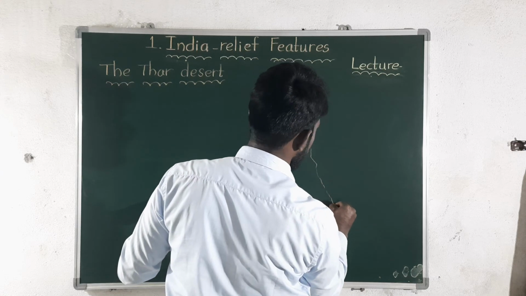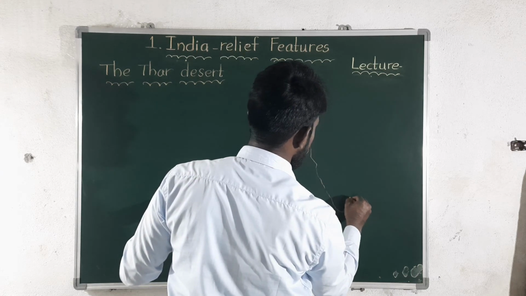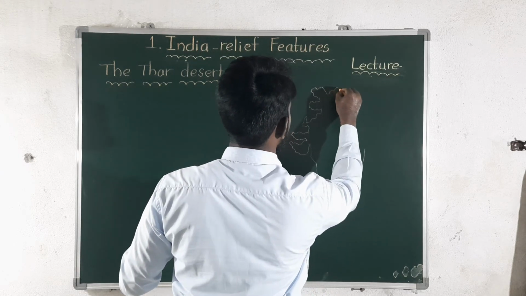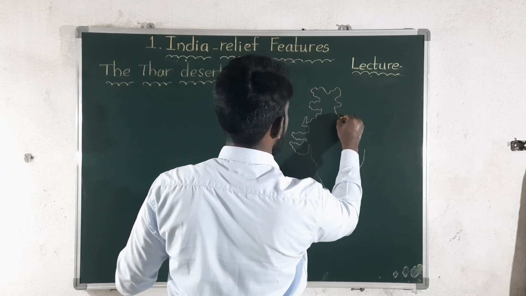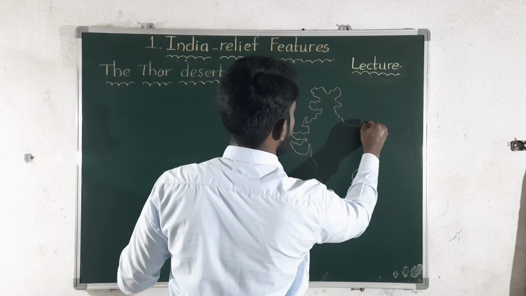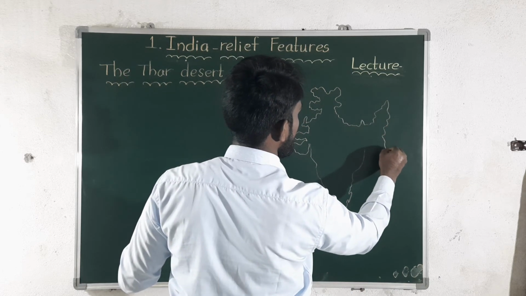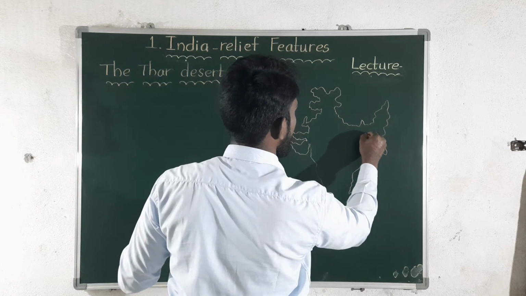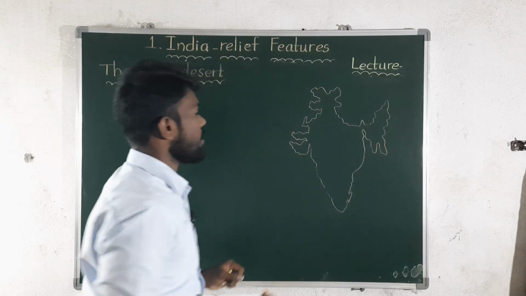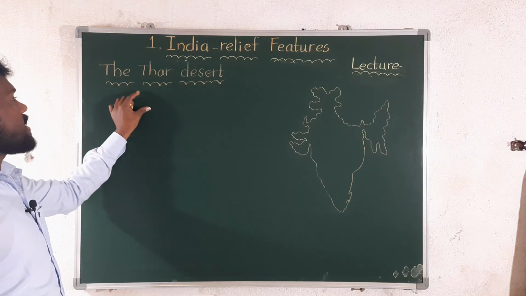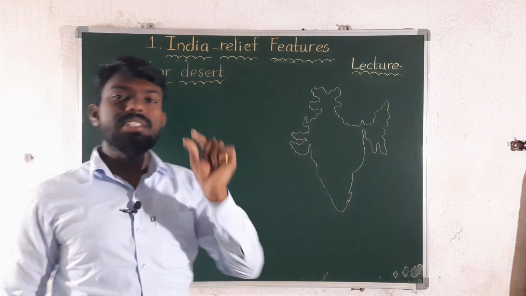So, an India rough diagram. The Thar Desert is also called the Great Indian Desert.